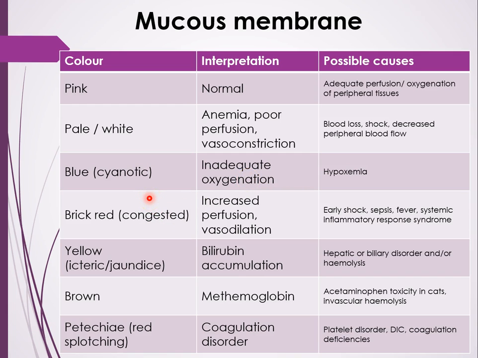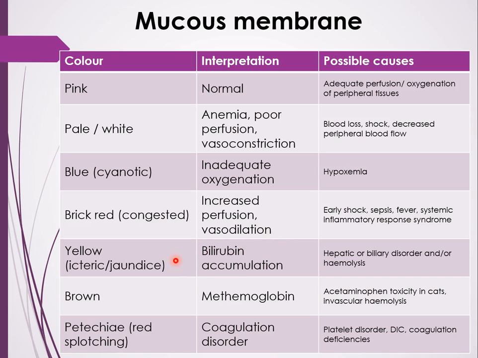All right, so if the color is cyanotic, or some people refer to it as blue, mucous membrane, that means inadequate oxygenation, it can be due to hypoxemia. If it's very red, it can be due to congestion. You usually will see this especially in heat stroke patients, or patients that have fever or systemic infection.